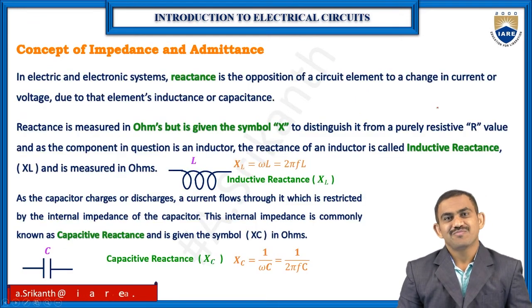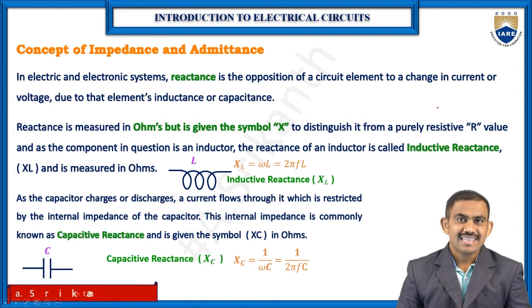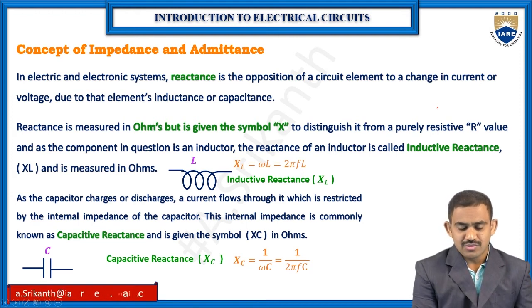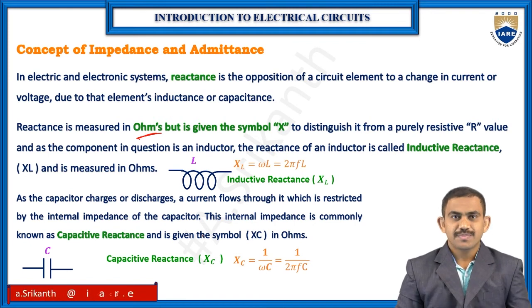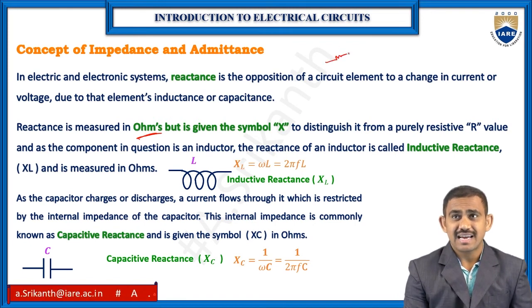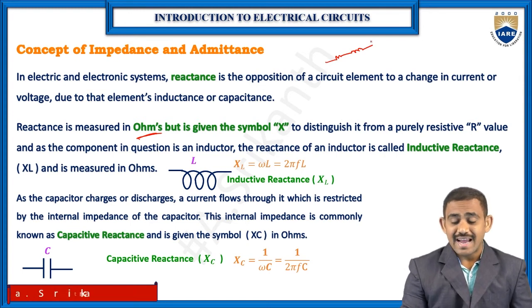So this is about how we convert rectangular form to polar form as well as polar form to rectangular. Again, before moving to impedance, we have one more concept, that is reactance. Reactance units are also ohms. Why reactance? Suppose I have a resistor and inductor connected in series, and I want to add both values.